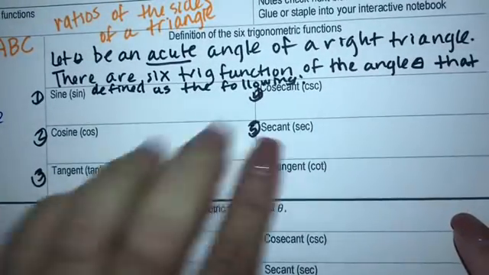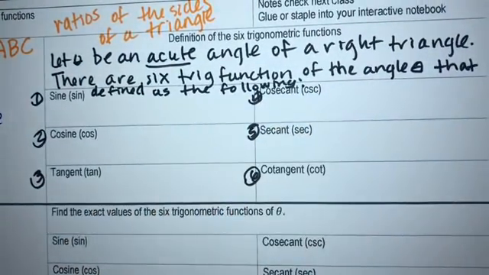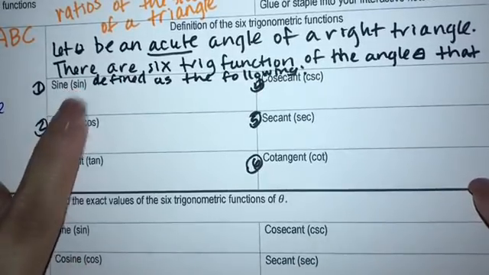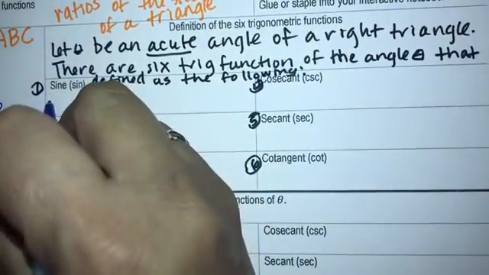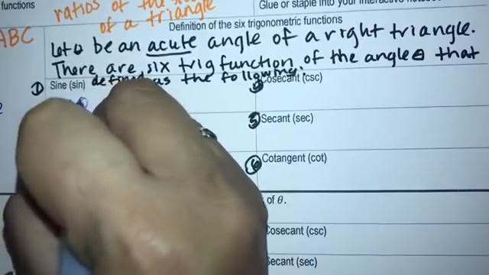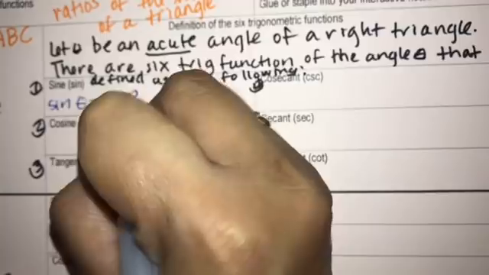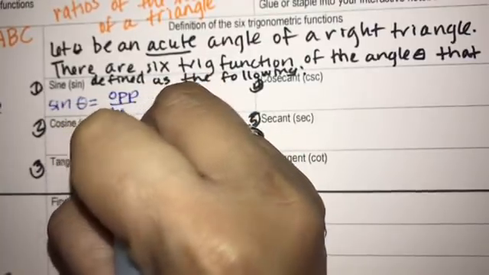So as we're talking about sine, let's go ahead and define them. Sine, which is S-I-N of theta, is going to be the opposite side over the hypotenuse.